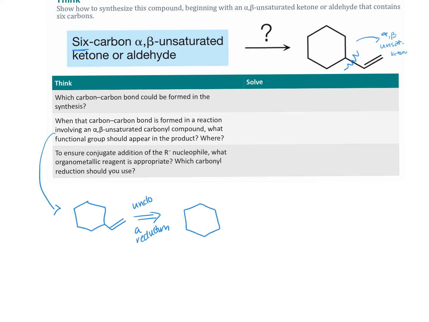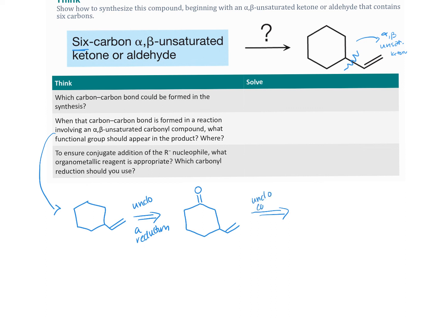If we undo a reduction, we could have a ketone here, and then we could add the carbon double bond using a conjugate addition.